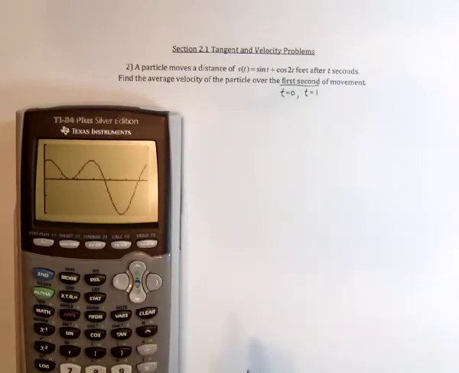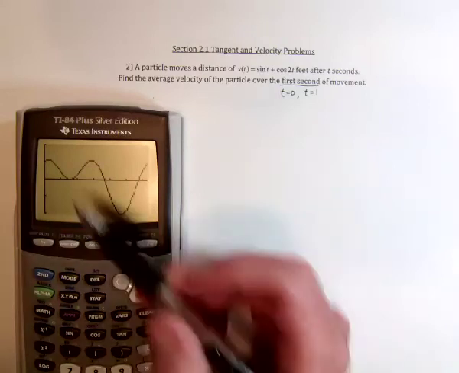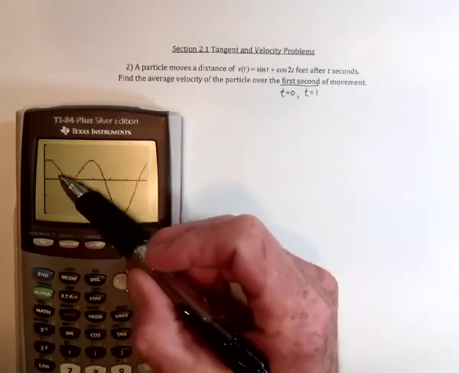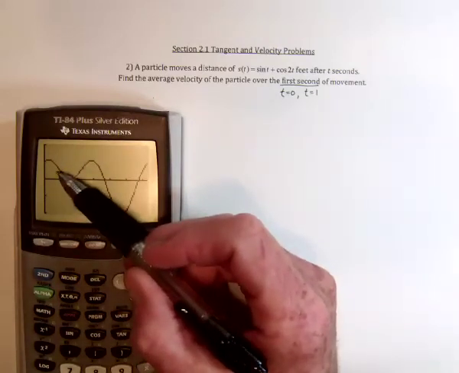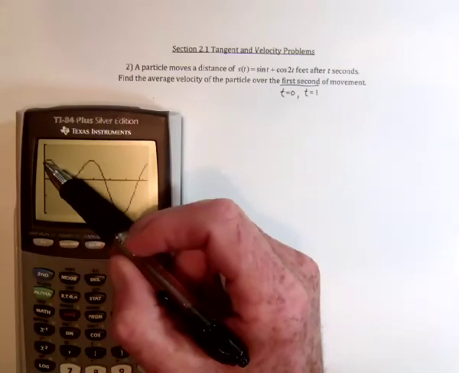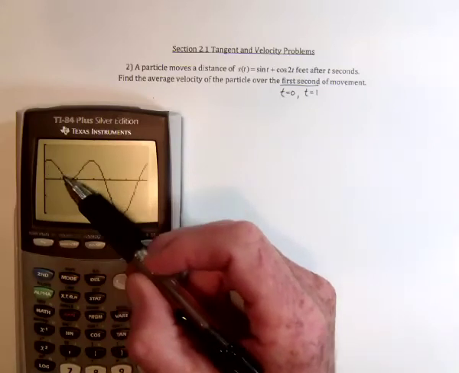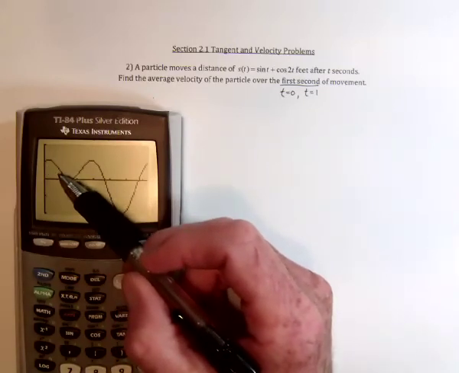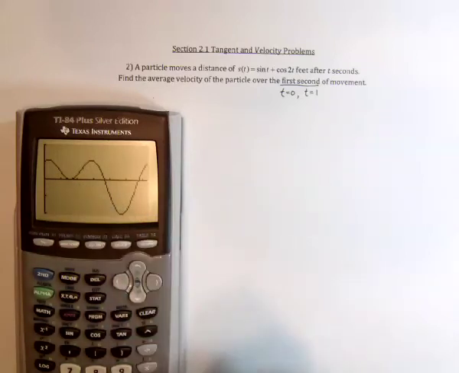Nice, a bumpy curve. So it's saying when time equals 1, it was at this height. At the beginning, it was at this height. And so it dropped down, but the question is asking how fast did it drop down on average.